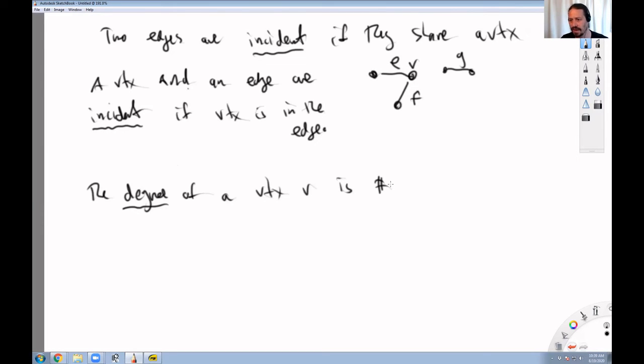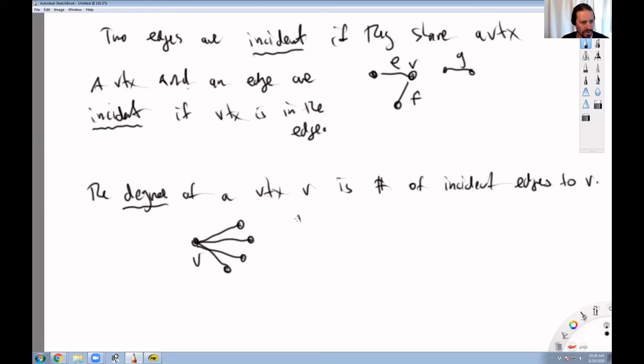I'm going to say number of incident edges to V. So here's V, and these are the number of edges incident to it. And so the degree of V, denoted, we just use this little d of V for the degree of V.